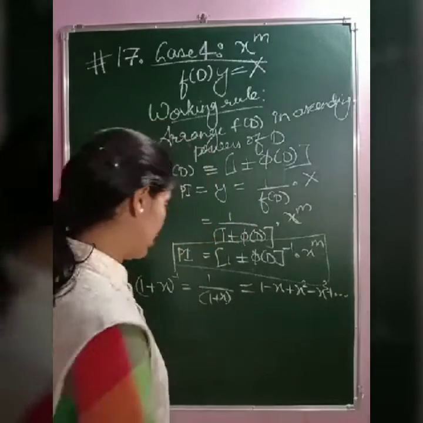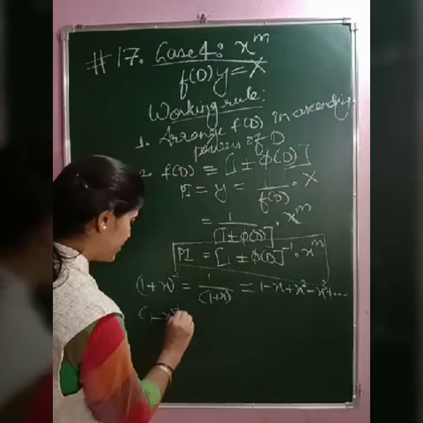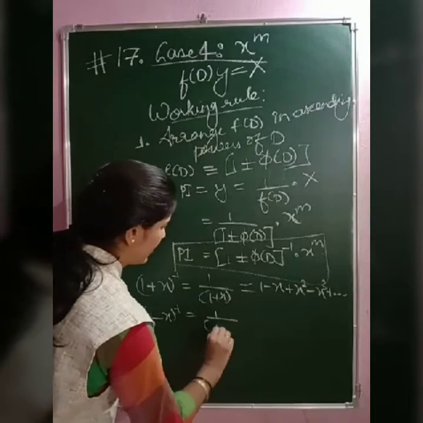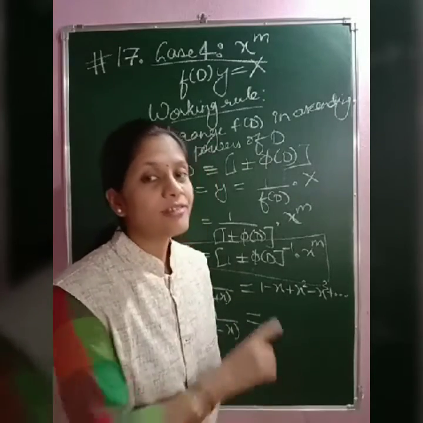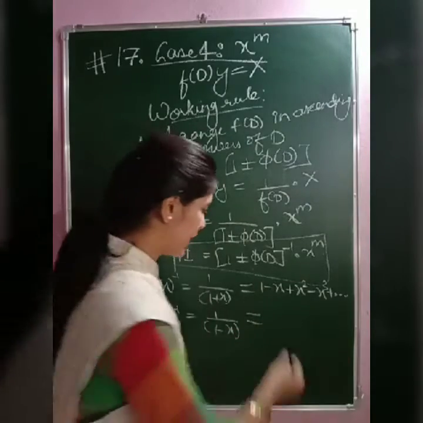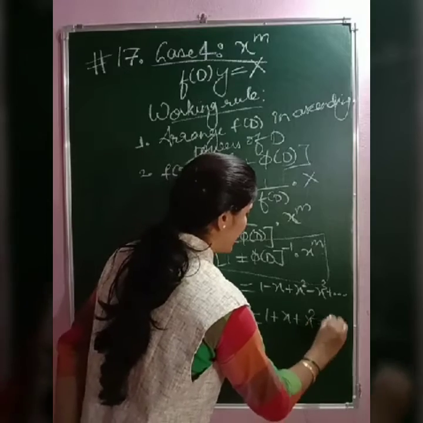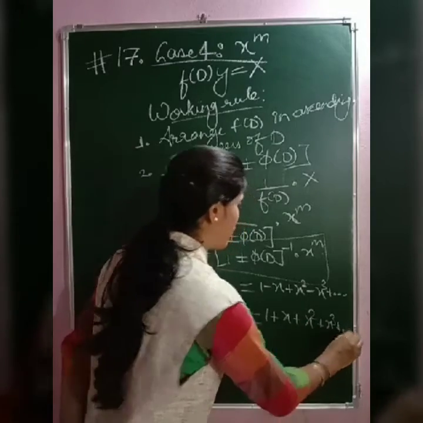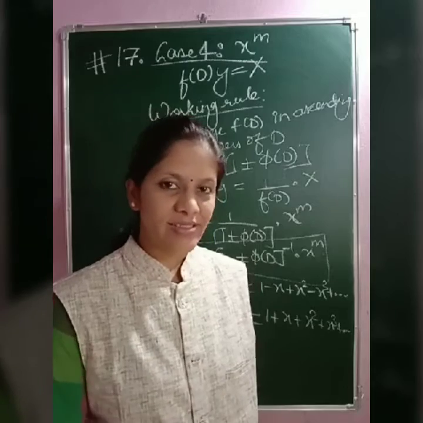And what about 1 minus x inverse? It is nothing but 1 by 1 minus x, and whenever it is minus, all terms are plus in ascending powers of x. That is 1 plus x squared plus x cubed and so on. So this is nothing but our case 4, that is x raised to m.